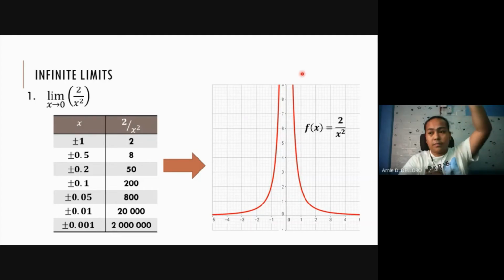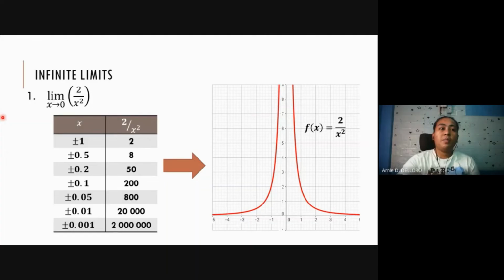It will extend continuously without touching the vertical asymptote. At ang sabi natin, yung vertical asymptote nitong function na to ay 0. Okay? Okay, so the function will extend without bound or will increase without bound as x approaches 0.